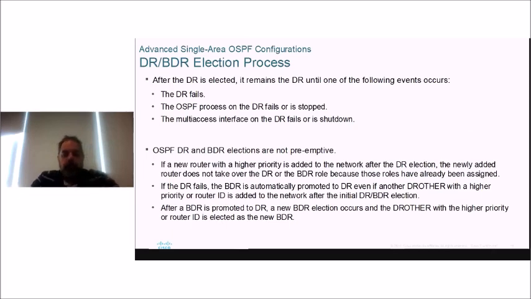So if you configure a router that's already adjacent to other routers, and there are already DRs and BDRs elected, and you raise its priority, it will not change to be the DR until there's some reason for a new election to happen. And even then, it may not become DR or BDR; it depends on what's going on in the network at the time.